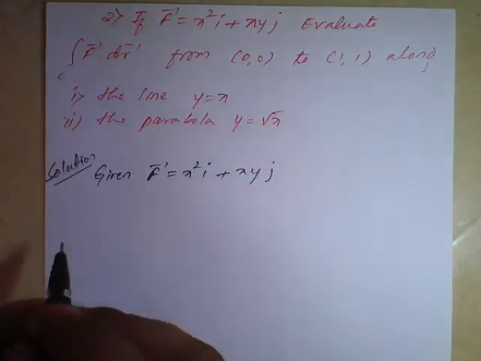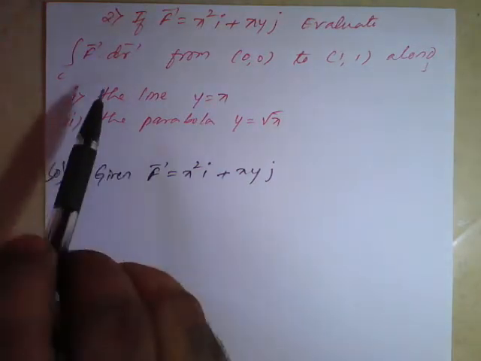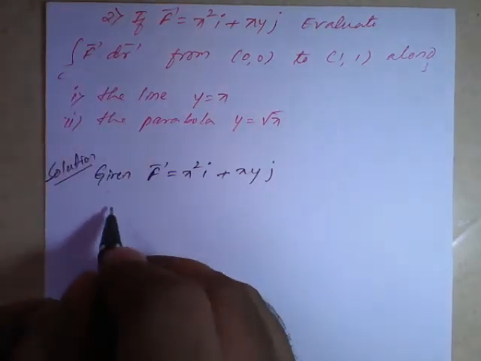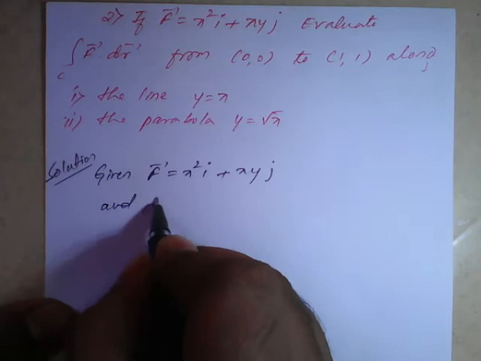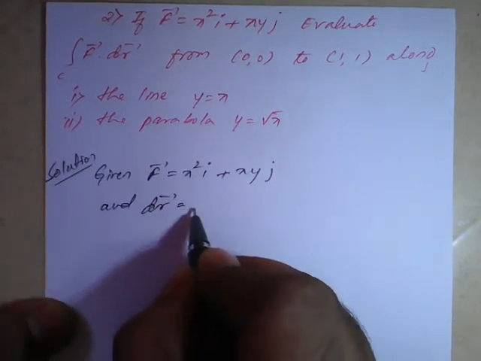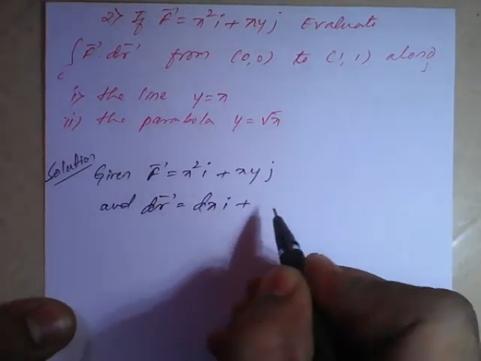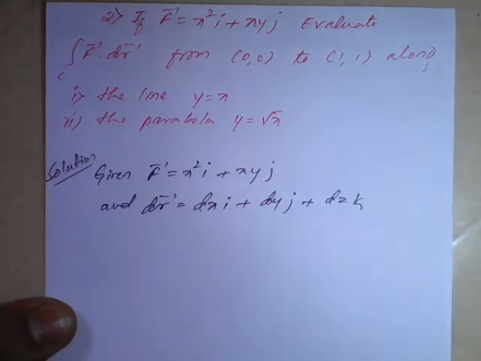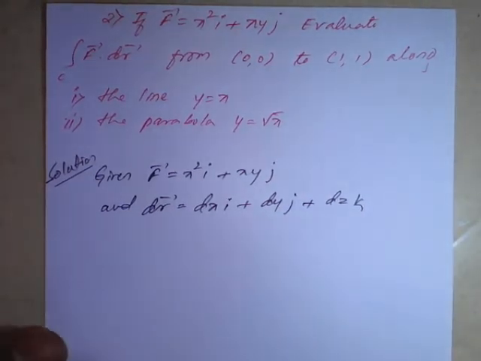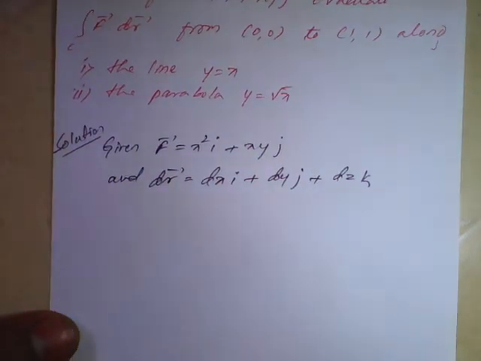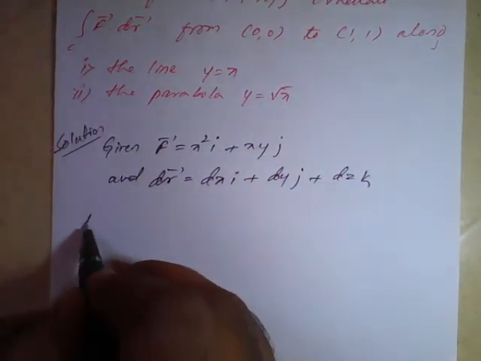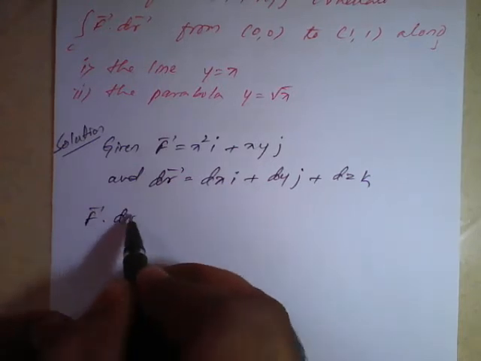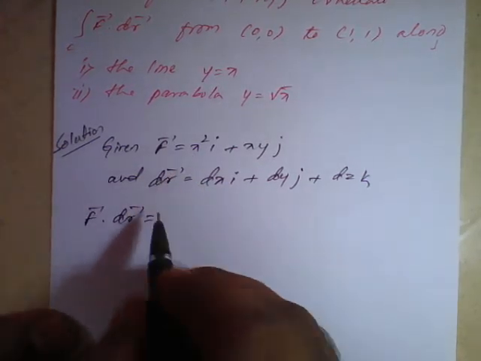Now with the help of F, we'll prepare F dot dr. As we know, vector dr is nothing but dx i plus dy j plus dz k. Now we'll go for the dot product of F dot dr. What is vector F?